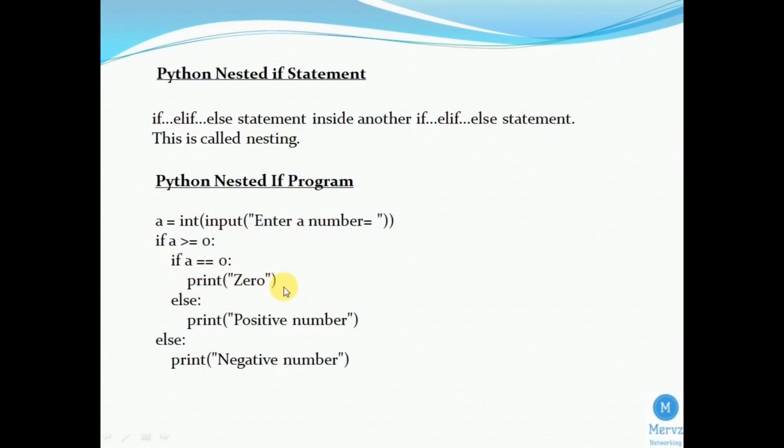If that condition is true, the body of if will be executed. If it is false, the body of else will be executed. Suppose the first if statement is false, the program will go directly to the else statement and we will get output as negative number. Let's run and check the output in Python software.